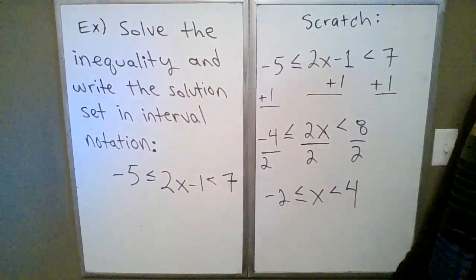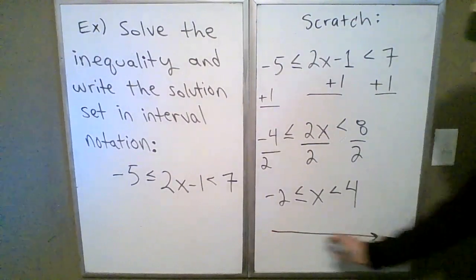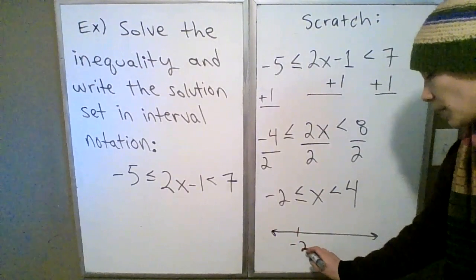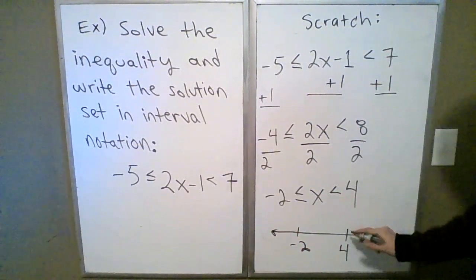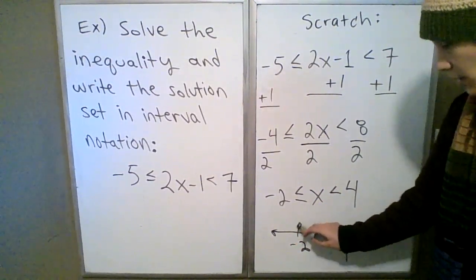Okay, for me, it would help to just draw a quick graph. So I would have my number line. I would mark -2, +4. I don't include 4, so it's open. I do include -2, it's closed.